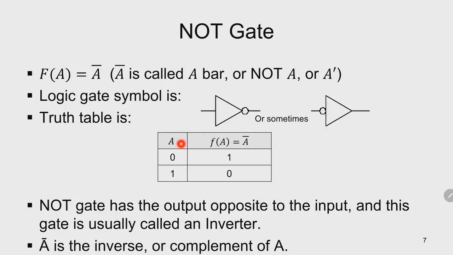A is my input, so if I put an input to my inverter, in binary the input can only be 0 or 1. So if I fill up the input with 0 and 1, there are two possibilities. And what are the outputs I can achieve from this circuit?